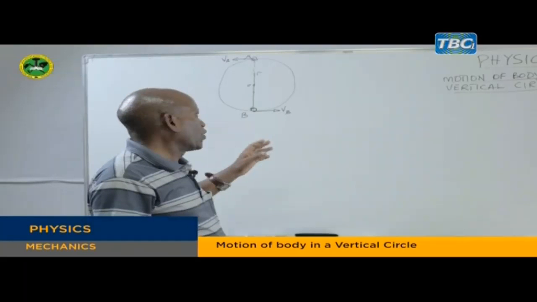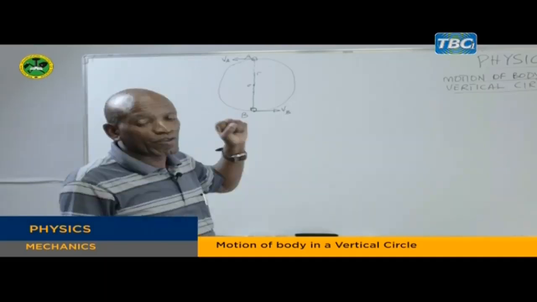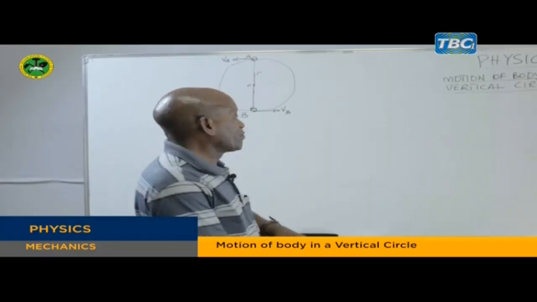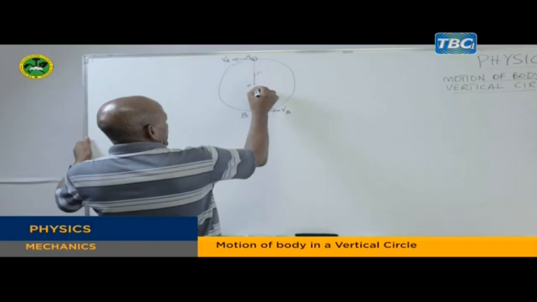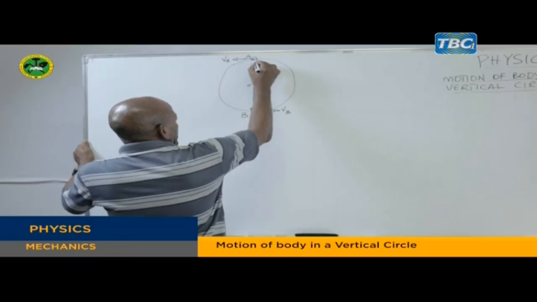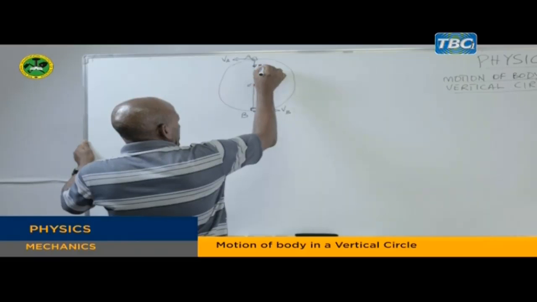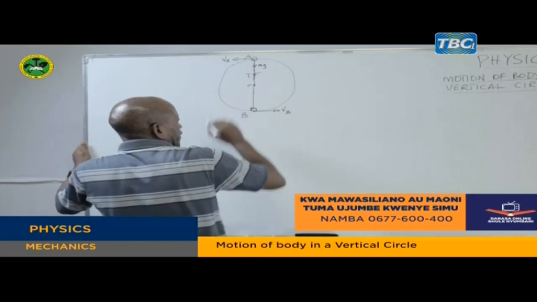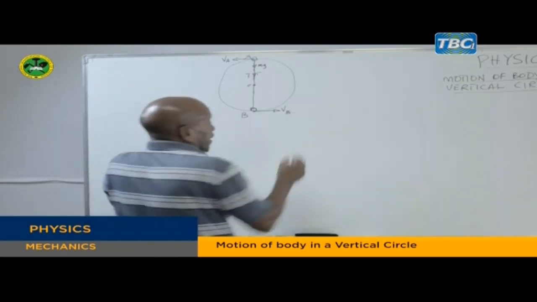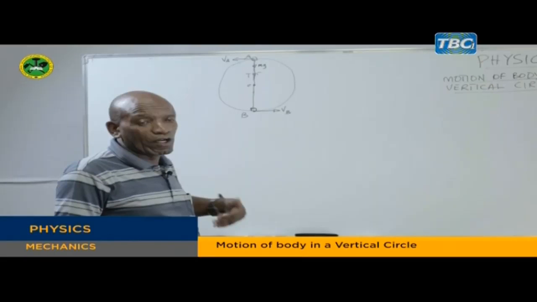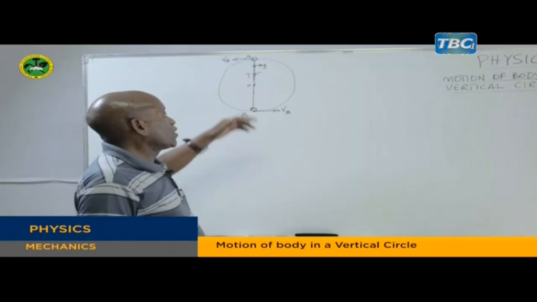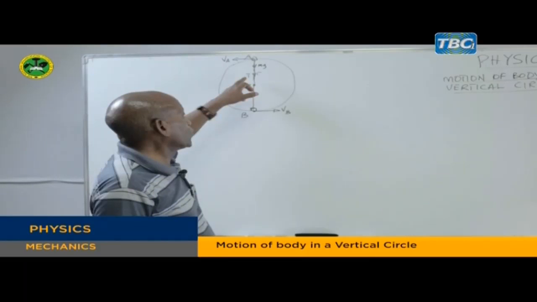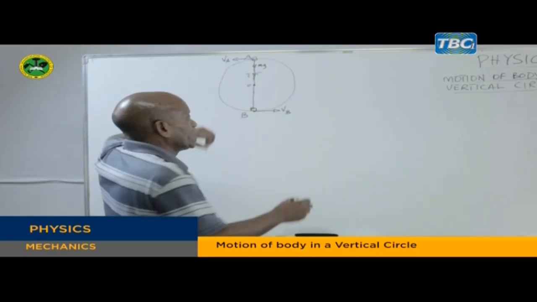So all in all, it will take us to those forces we have just solved previously, where we have said that whenever a body is at the top, its weight mg is acting downward together with the tension T, which is also acting downward, such that for a loop to be successful, the necessary force to provide the centripetal force will be equal to T plus mg.